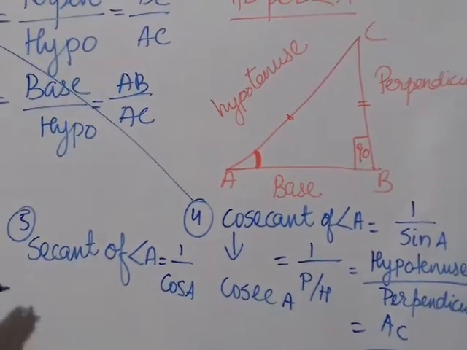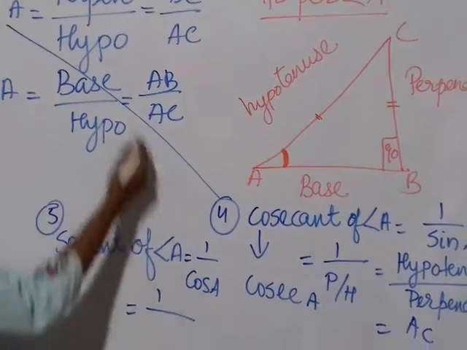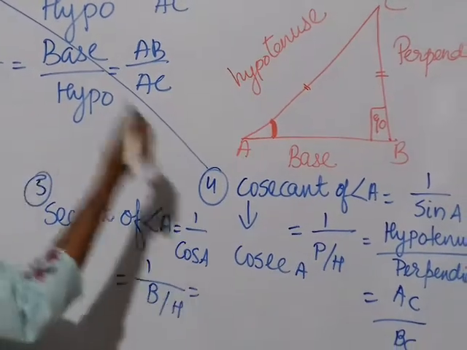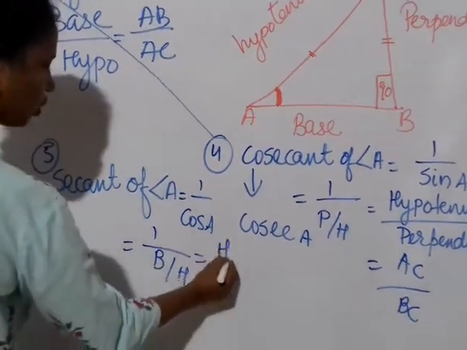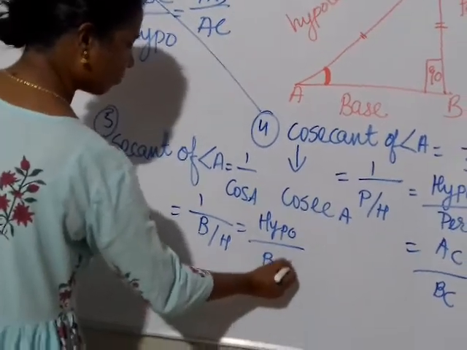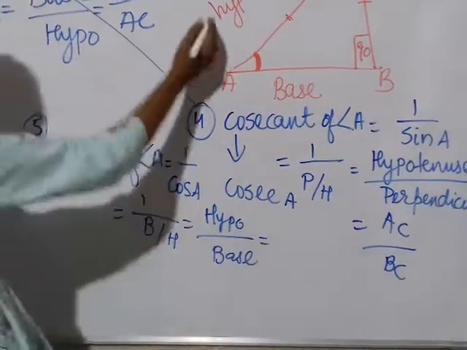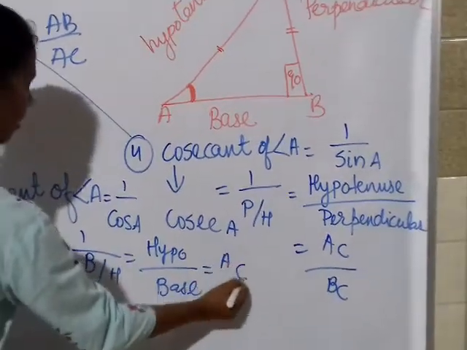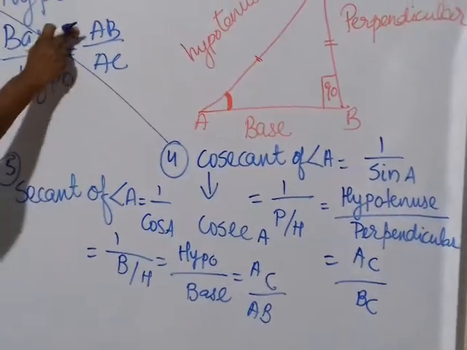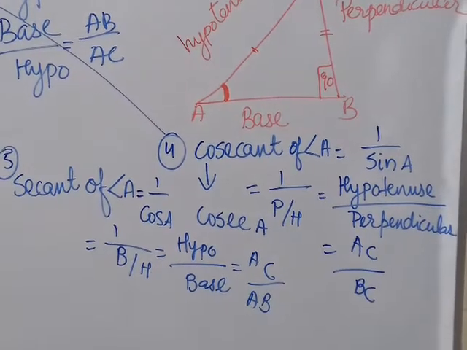Isn't it? Here we can write sec of angle A as 1 divided by B by H, that is equal to hypo divided by base, that is AC divided by AB.